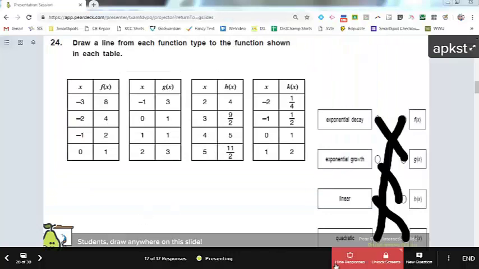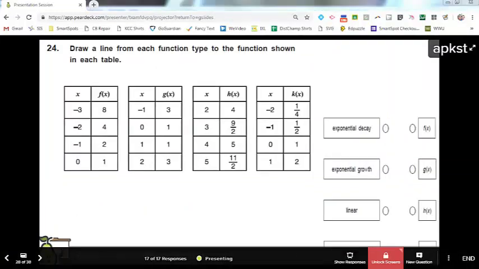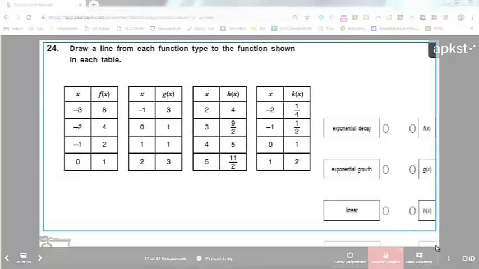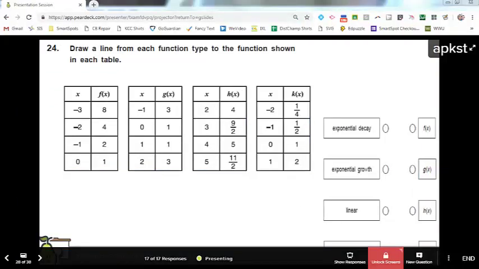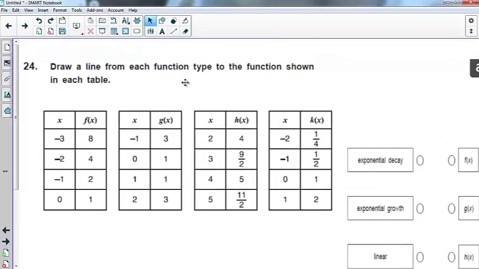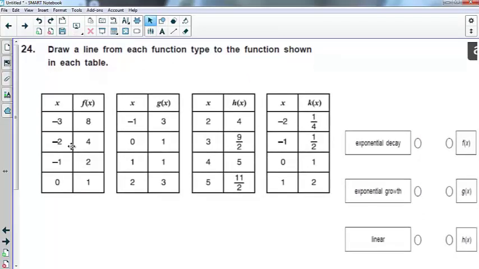Oh, wait. I want the clean sheet. All right. So looking at the first one, f of x. What do we think that this one is? We all think it's linear? How do you know if it's linear?